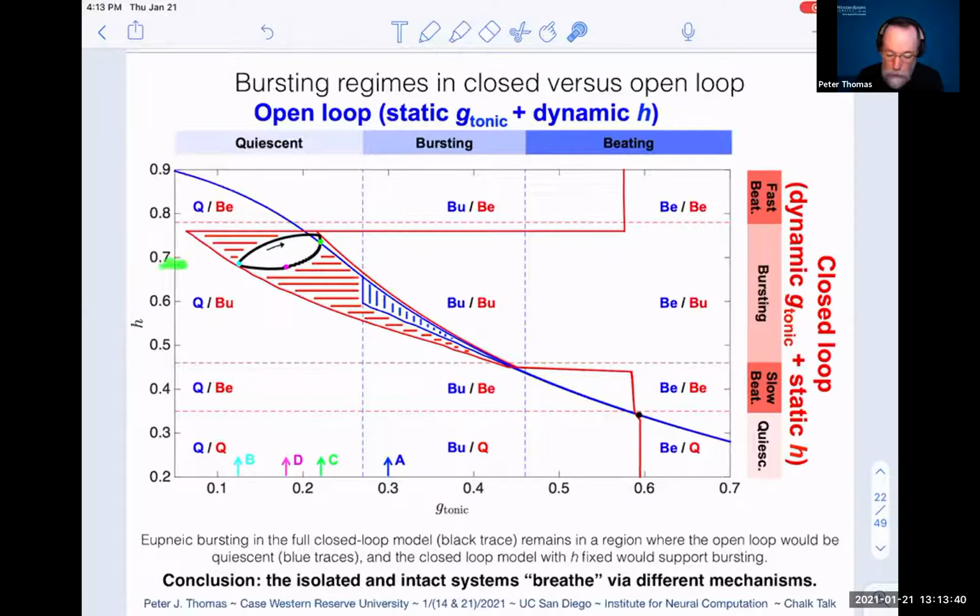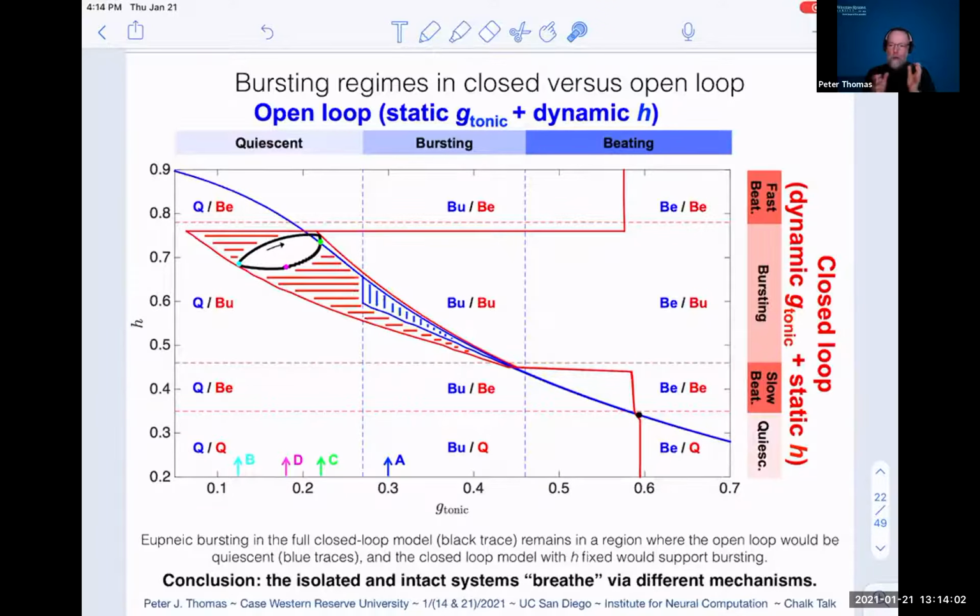Although if you fixed H in this region, you could still be bursting. So you go around like this. And so the closed loop normal behavior is happening in a parameter range where open loop, you wouldn't even be bursting at all. You would be totally quiescent.